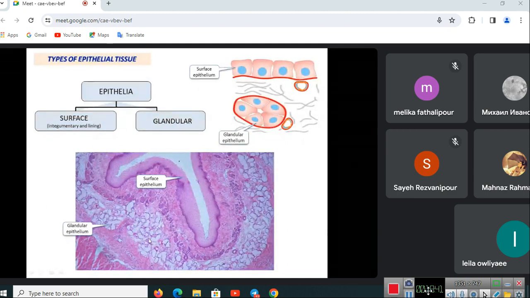So mucus is produced here and released via ducts to the surface of epithelium. So the epithelium of our esophagus is always covered with layer of mucus produced by glandular epithelium.